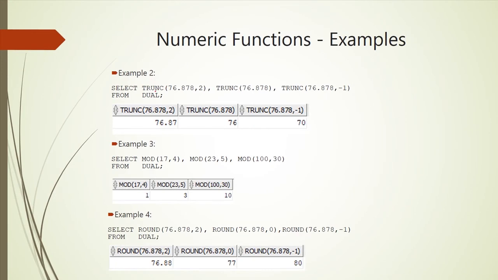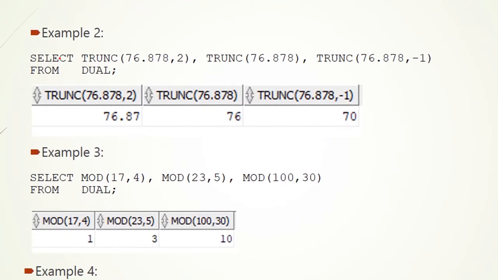Here in this example we are using the trunc function. Select trunc, this is the input number, and this is the number of decimal points, from dual. As we said before, if your select statement is just returning the output of arithmetic functions, you can complete your statement by reading from the dual table.